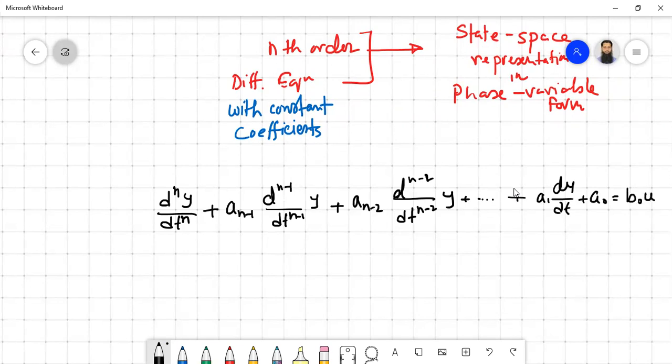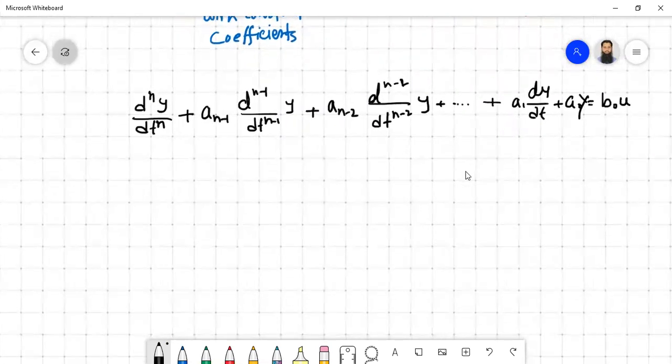U is the input, y is the output. There should be y in the last term as well. So this is an nth order differential equation. Now we have to convert this into phase variable form, state space representation. And the choice of state variable is to select the output as the first state variable.